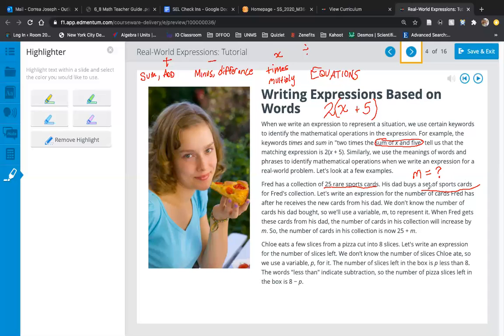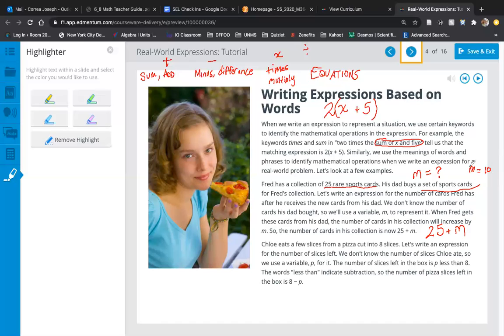So if we want to figure out how many sports cards that he actually has, we just say, okay, so he started out with 25 sport cards. His dad bought him M more, right? Remember, M represents a number. And this here is just that basic expression that represents how many he now has, right? And then once he opens up the box, he can say, okay, I just opened up the box and I can see that in fact, you know, let's say there were 10 sports cards in here.